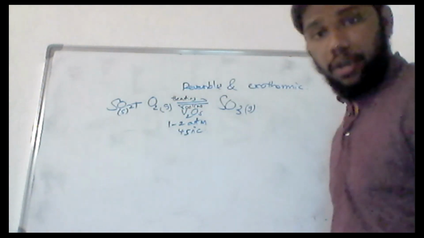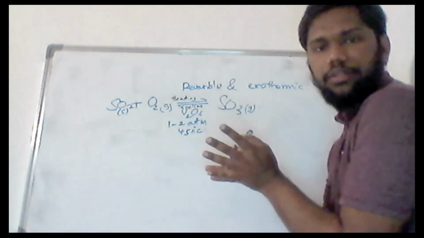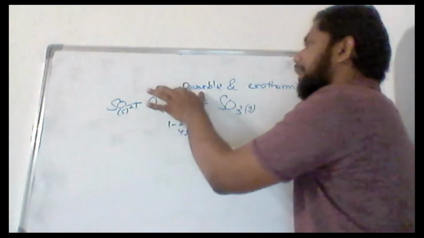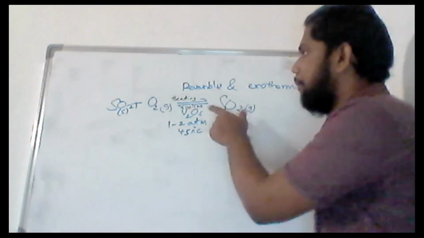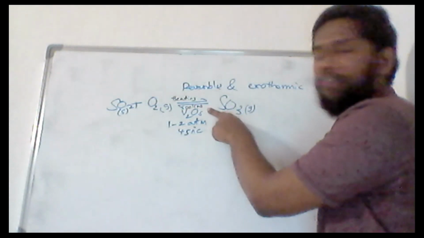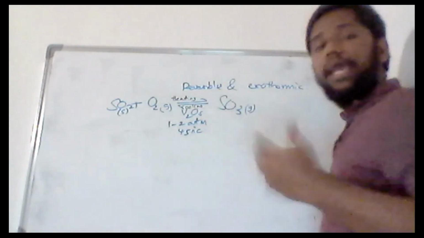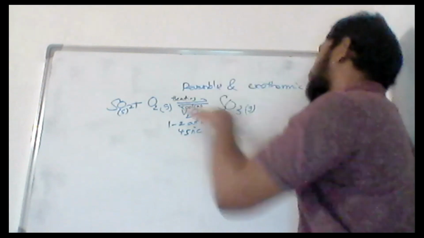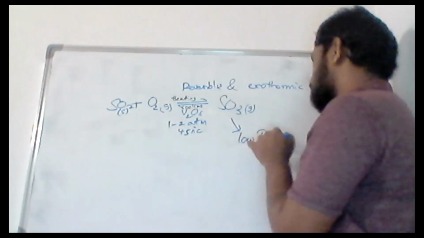Now think about this. You need a high amount of SO3, which gives me the idea, if this is the heating process, if I cool the system, the heating process would be happening according to Le Chatelier's principle. So to get a high amount of SO3, low temperature is good.